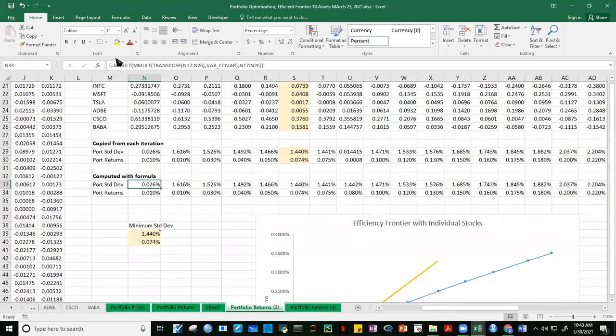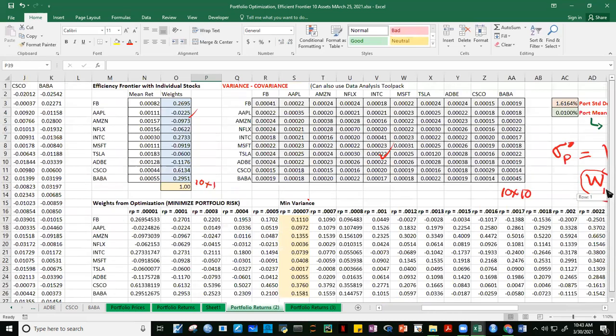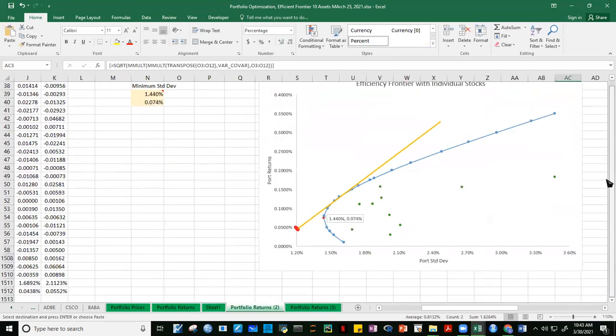Lalagyan ko to ng square root. Control Shift Enter. Yan. Control C, copy ko to dito.